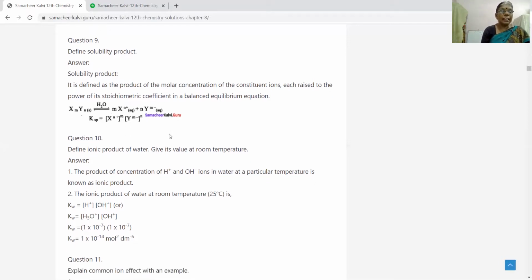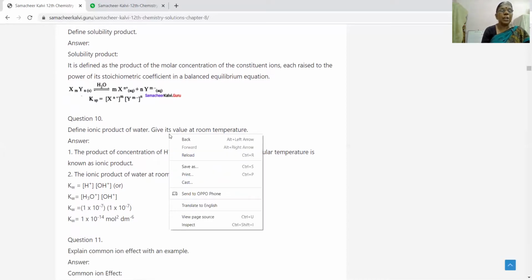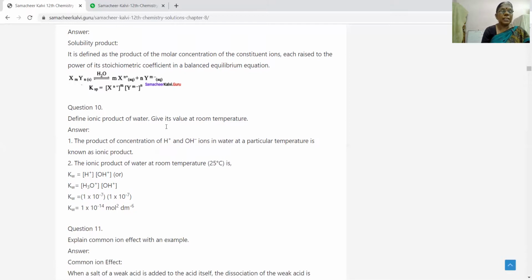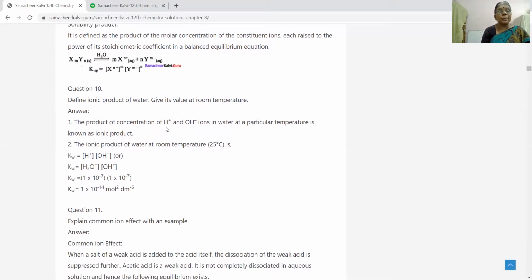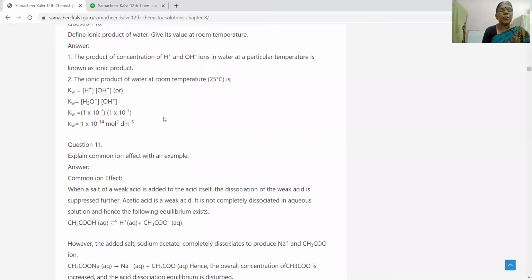The next one is another question. Define the ionic product of water and give its value at room temperature. The answer is: the product of the concentrations of H plus and OH minus ions in water at a particular temperature is known as the ionic product. That is the definition. And they are asking for its value at room temperature. The ionic product of water at room temperature, 25 degrees centigrade, is Kw equal to the concentration of H plus into the concentration of OH minus.